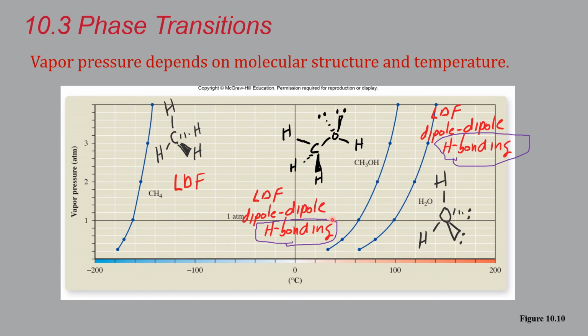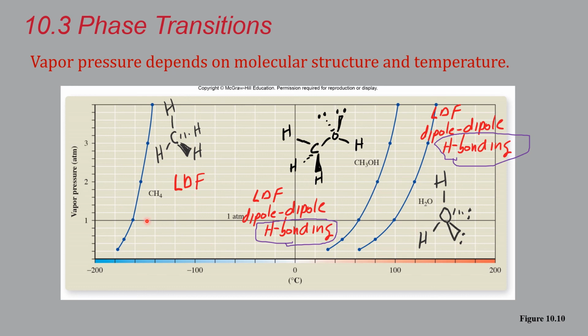And you can also imply that the hydrogen bonding is actually a little bit stronger in water because of the difference in the temperatures at which you get the 1 atmosphere. So it looks like of the 3, water has the strongest intermolecular forces.